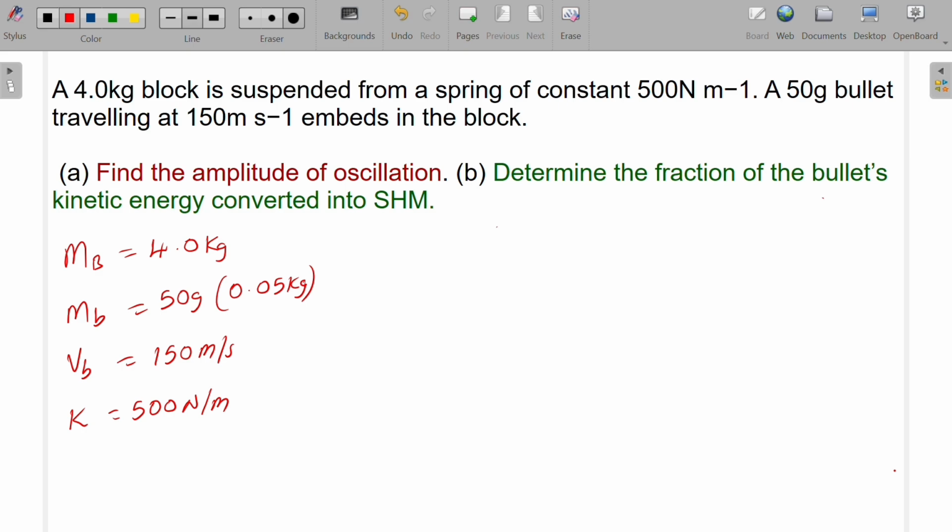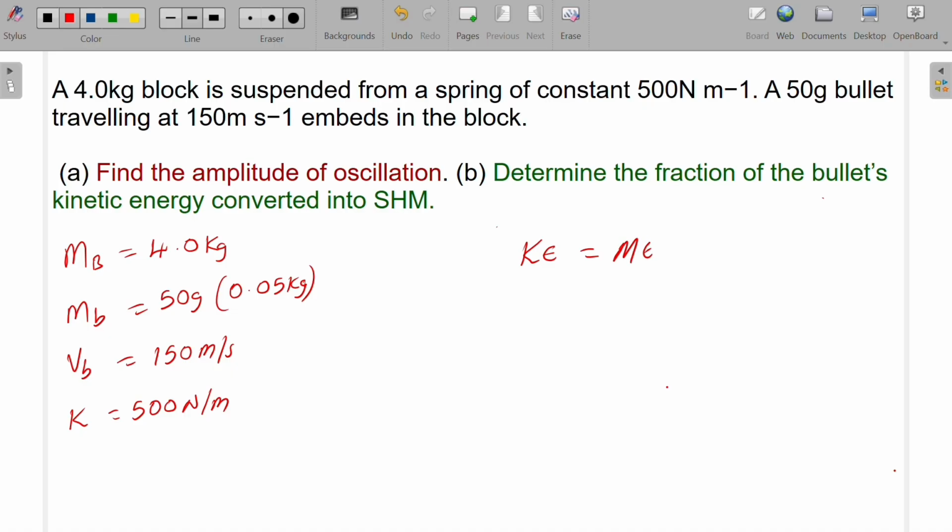So we can say at that point we only have kinetic energy, and then as it goes on the other side to a stoppage, as it moves and then it comes to a stop, the kinetic energy will be converted to potential energy. And the potential energy that we are going to have at maximum displacement is basically equal to mechanical energy, which is the energy of the system. So we can say kinetic energy at the beginning will be equal to mechanical energy of the system at the end.